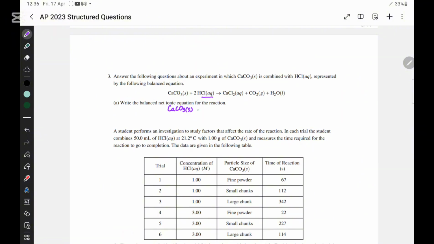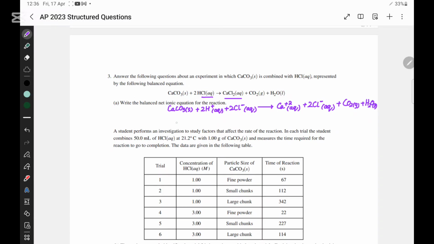This is aqueous form though, so that is going to be split up to hydrogen ions in aqueous form plus 2 chloride ions in aqueous form, and this will also be split up, and that is going to form calcium plus 2 in aqueous form plus 2 chloride in aqueous form, and that is going to form CO2 in gas form plus water in liquid form.